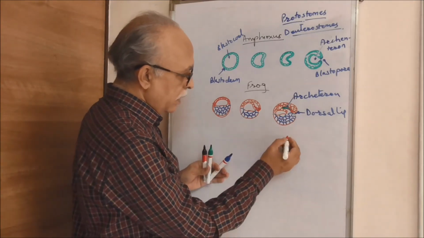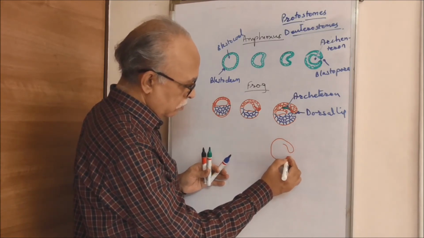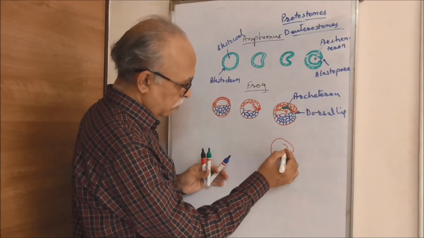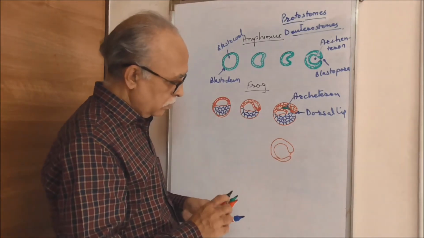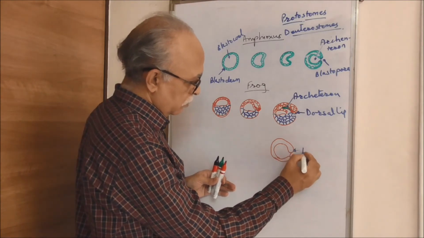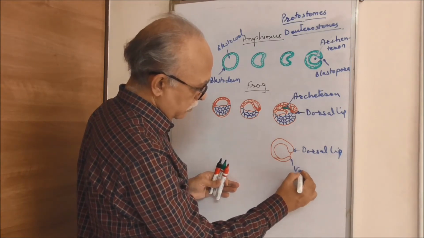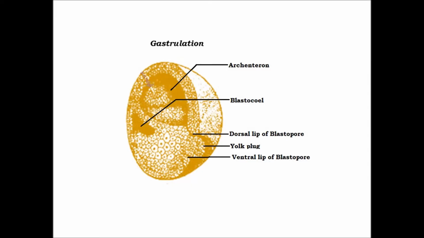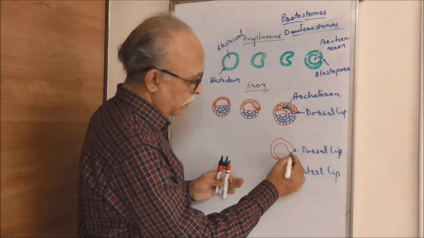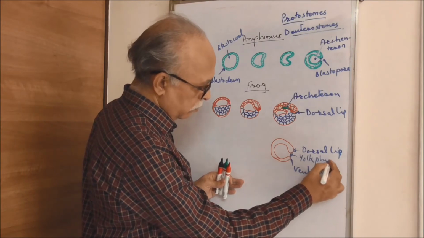Same thing would happen on the lower side, and gradually you come across a stage wherein this is the dorsal lip, this becomes the ventral lip, and here is something that slightly extends out and becomes the yolk plug.